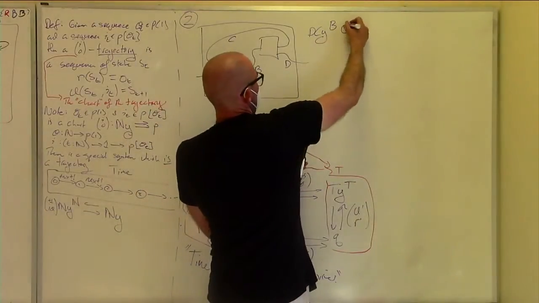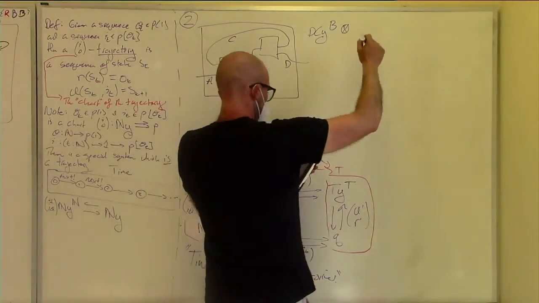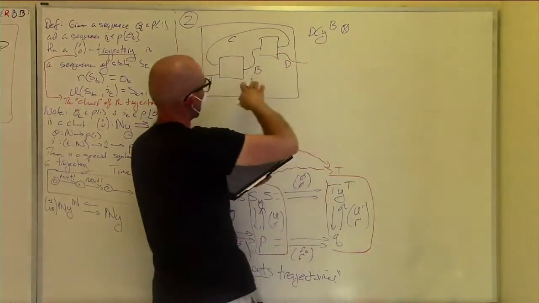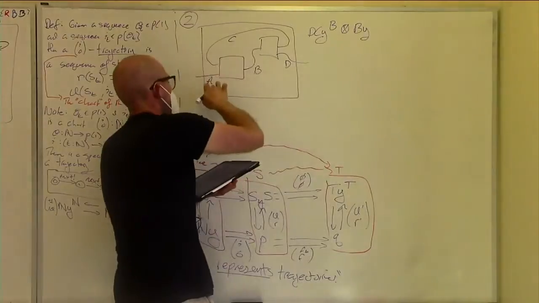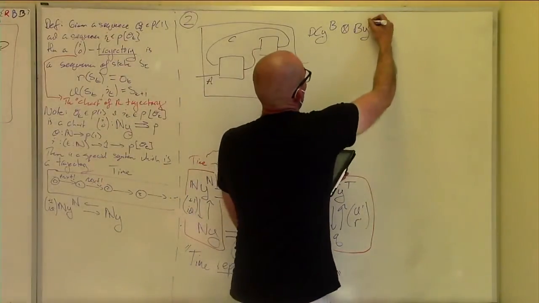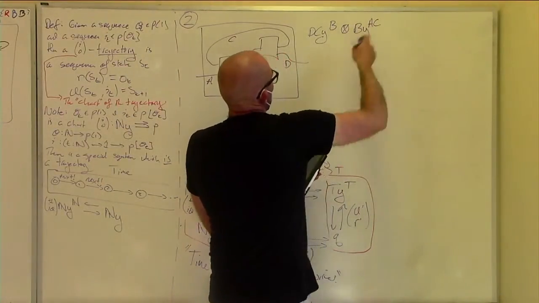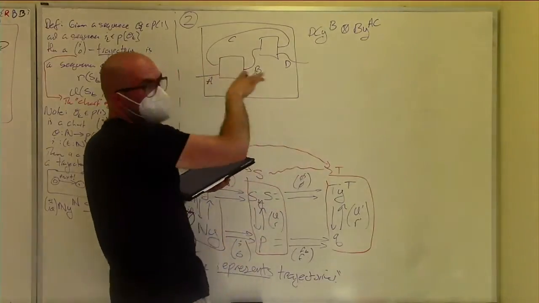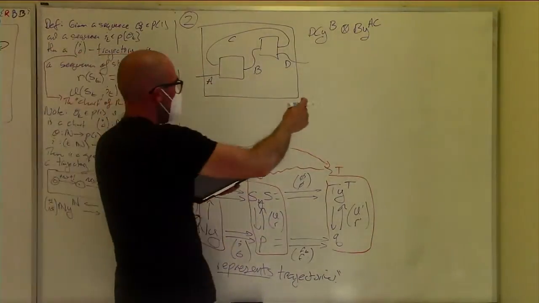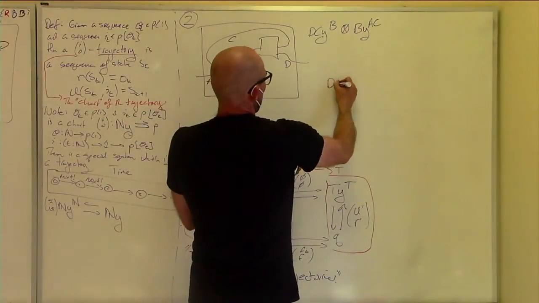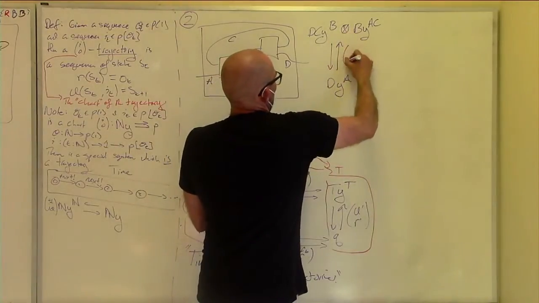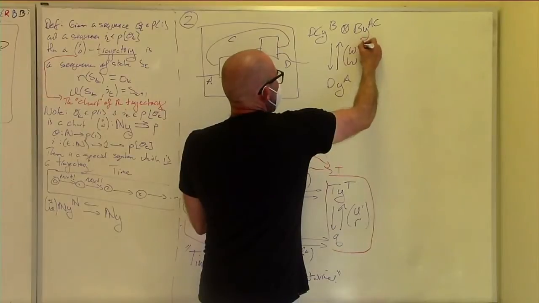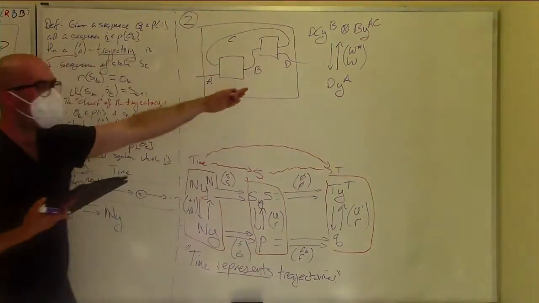And then we're going to tensor it with something which outputs B and inputs C and A, or A and C. Okay? And the whole outer box goes below, and that's outputting D and inputting A. And so the wiring diagram itself is a lens of this form.